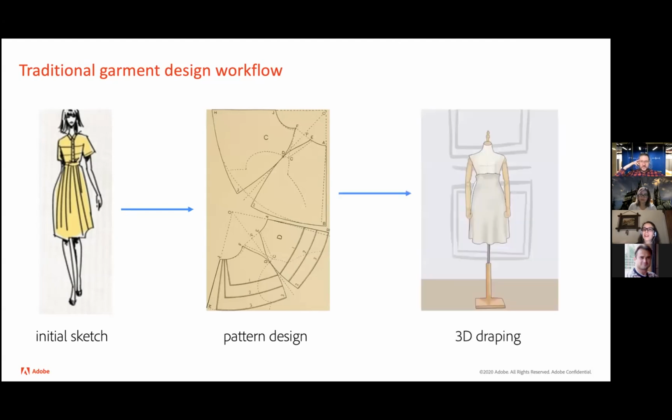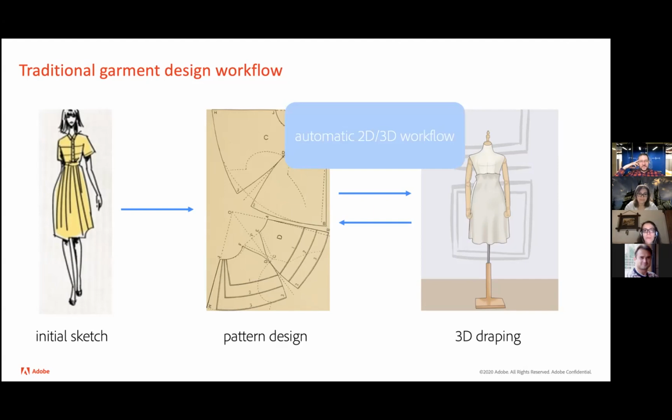And then the designer also needs to drape these patterns in 3D and see if the draped garment actually looks like the sketch we started with. And as you can imagine, this is actually a very iterative process. So the designer has to go back and forth between adjusting the parameters of the patterns and then draping it in 3D.